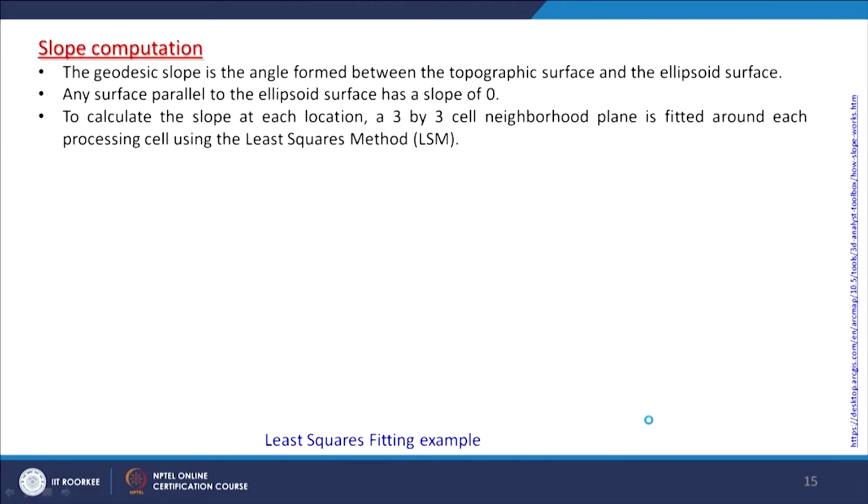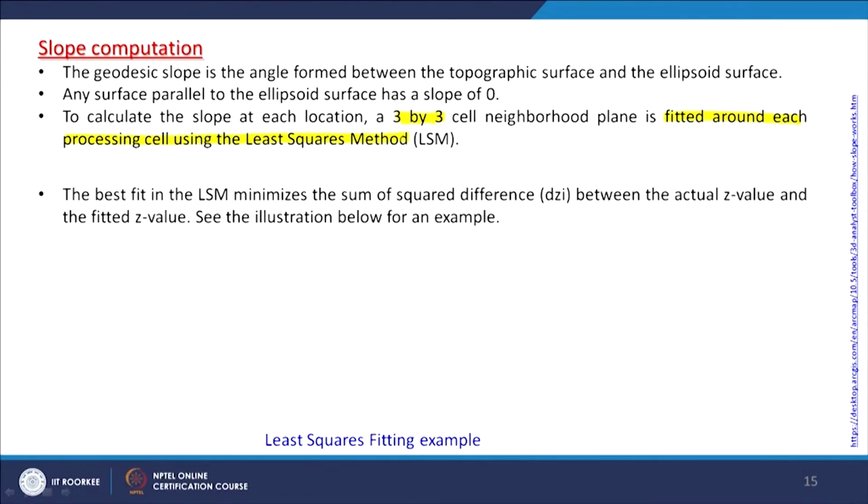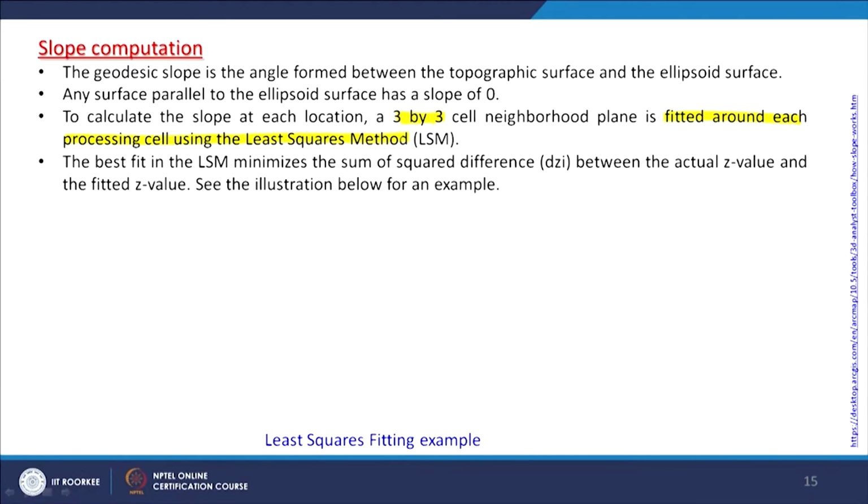Calculate slope for each location, again employing a 3 by 3 cell kernel, and a plane is fitted around each processing cell using LSM, that is the least squares method. The best fit in this LSM minimizes the sum of squared differences, that is dz_i, between the actual z value and the fitted z value.